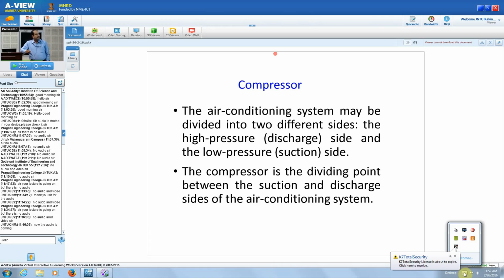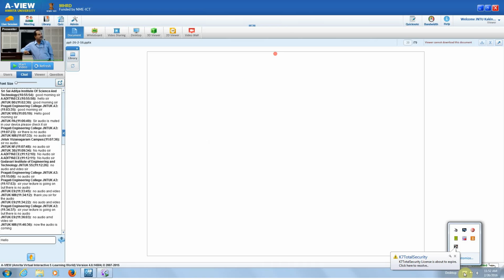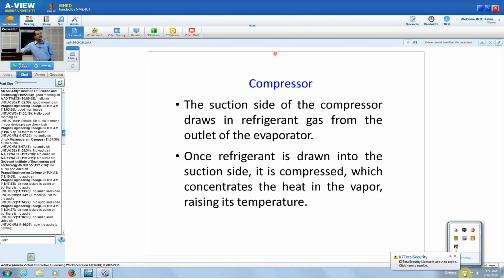Next, the compressor is the dividing point between the suction and the discharge sides of the air conditioning system. The suction side of the compressor draws the refrigerant gas from the outlet of the evaporator, because from the evaporator you have to send the gas into the compressor.